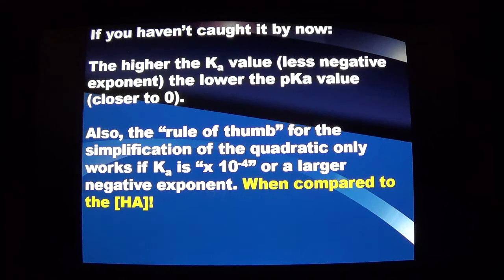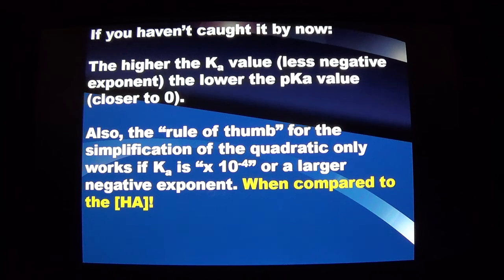Be sure you can connect those in your head. There's most definitely a connection between the size of the negative exponent, the value of pKa, and the strength of the acid or base. Be sure it's connected correctly in your head.